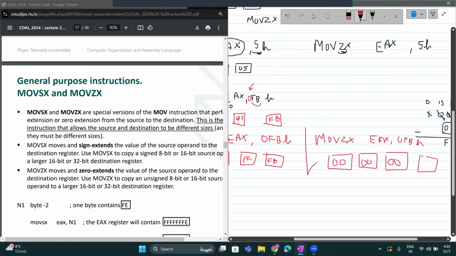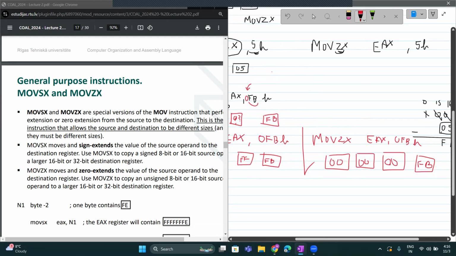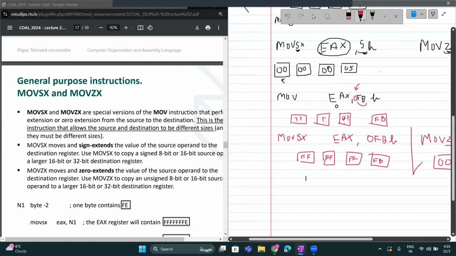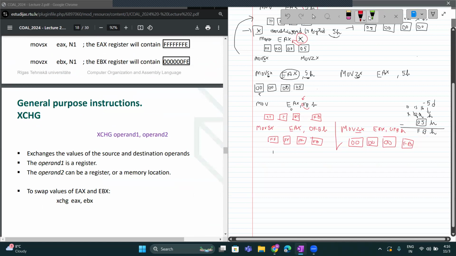So the first byte will remain the same, the FB, which represents -5, but instead of extending the sign, which is F, it will extend the zero. So that's what zero extend means.